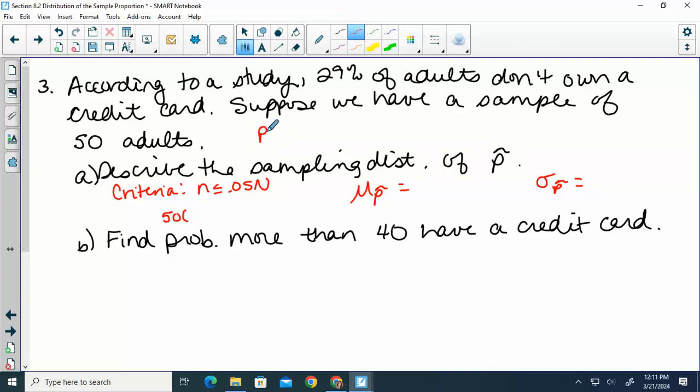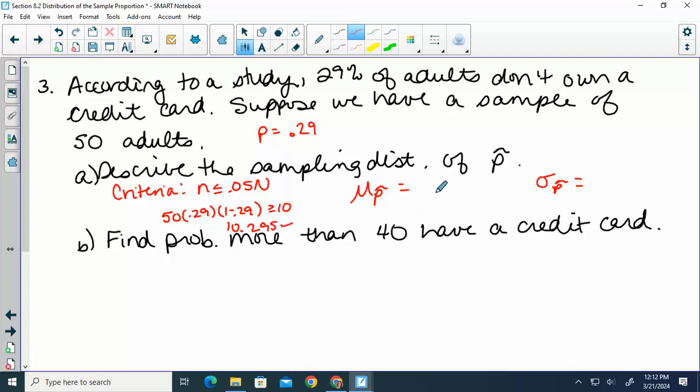What is my p? 0.29. Times 1 minus p has to be greater or equal to 10, and we get 10.295. So that one's good. So we met our criteria.